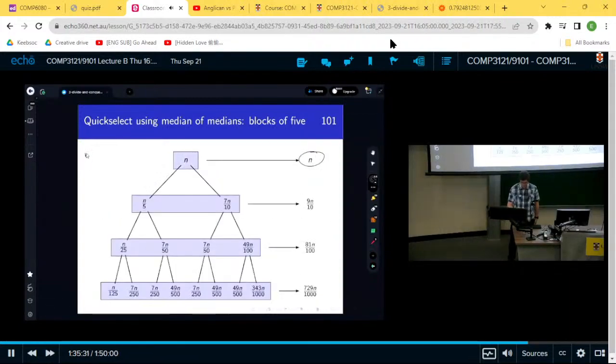It's n plus 9/10 times n plus (9/10) squared times n, etc. So it's the sum from i ranging from 0 to something of (9/10) to the power i times n. We can take the n out of the sum, and now we need to figure out what the sum is.